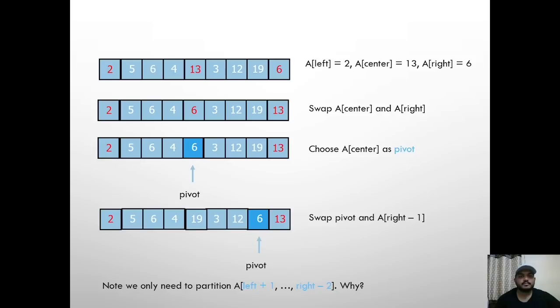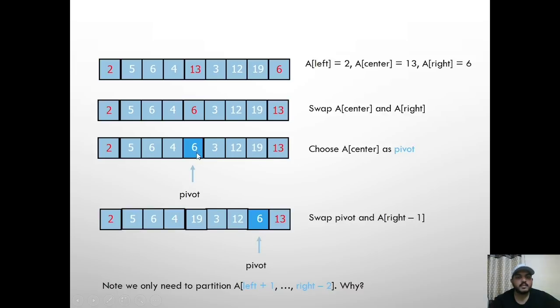Here is the algorithm. In A of left the element is 2, in the center 13 is placed, and in right the element is 6. The swap order is: swap the center and A of right, choosing the center as pivot.